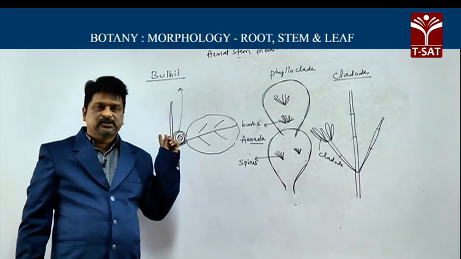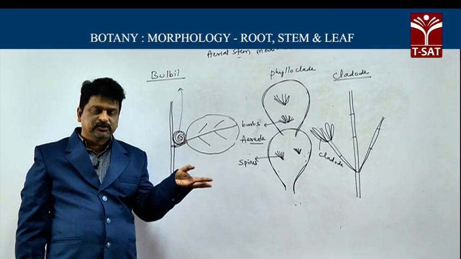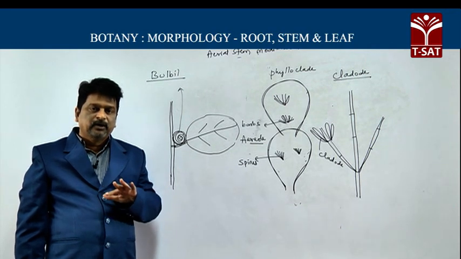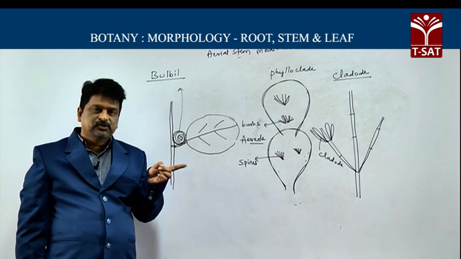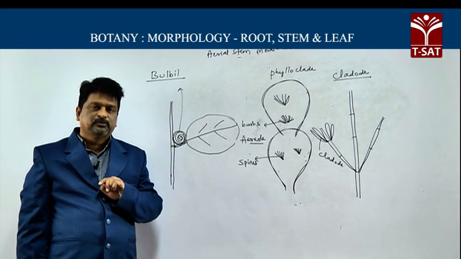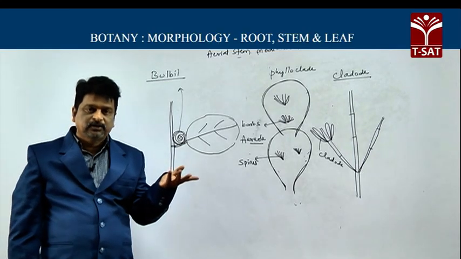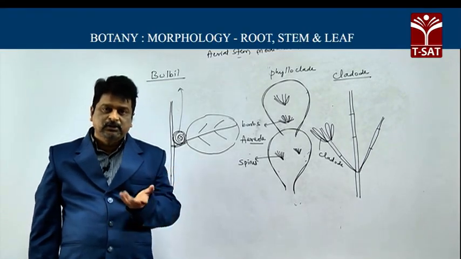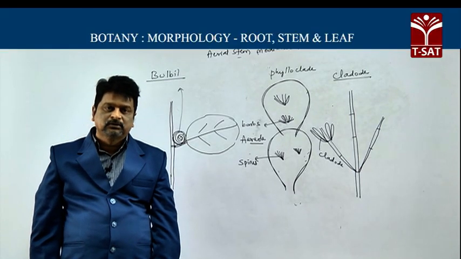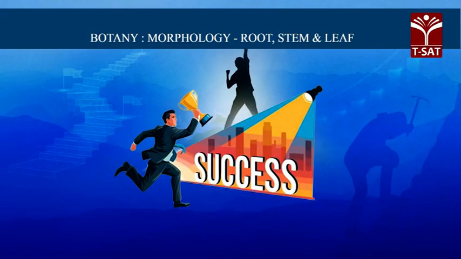When it is detached and comes in contact with soil, it gives rise to a new plant. So a bulbil performs two functions, storage and also vegetative reproduction. A vegetative bud is modified into a bulbil in some plants like Dioscorea, and a floral bud is modified into a bulbil in Agave.